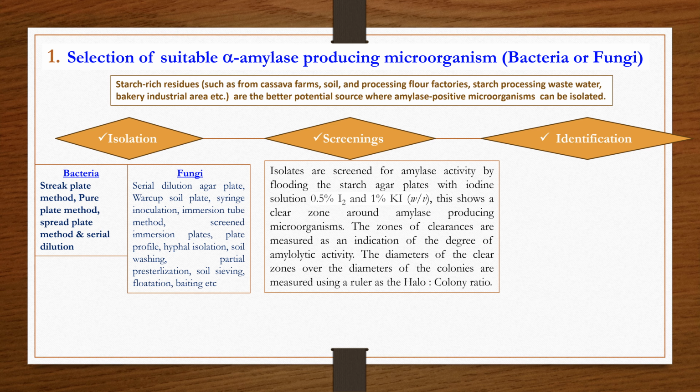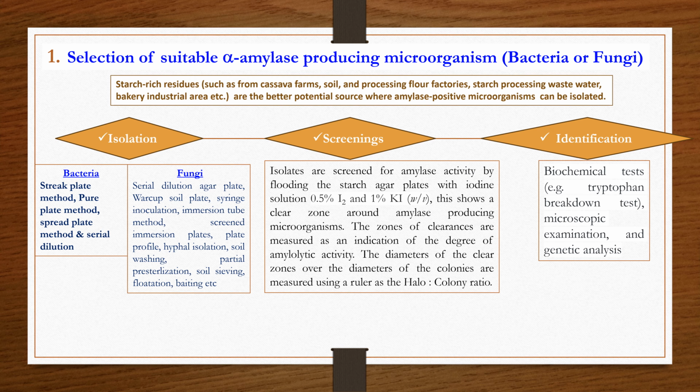The diameters of the clear zones over the diameters of the colonies are measured using a ruler as the halo to colony ratio. Higher halo to colony ratio indicates greater production. So higher halo to colony ratio producing microorganisms are generally selected for the production of alpha-amylase and identification of that pure culture.